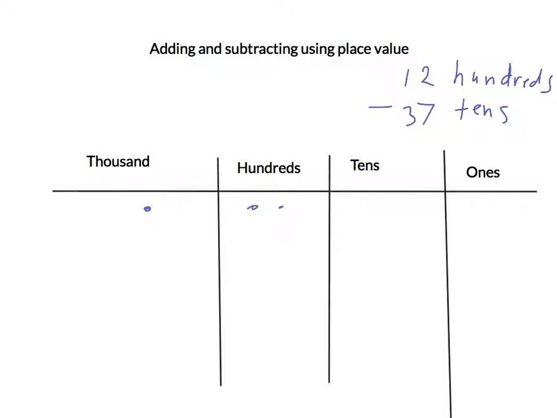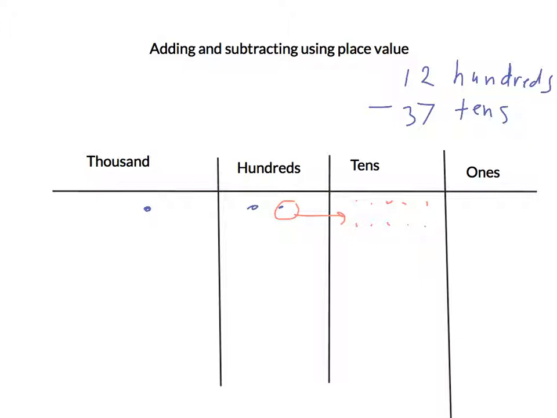So what I can do is take one of these and come back over here and make them 10. In this case, I still have 12 hundreds, but I can also think about it as having 1,000, 100, and 10 tens.